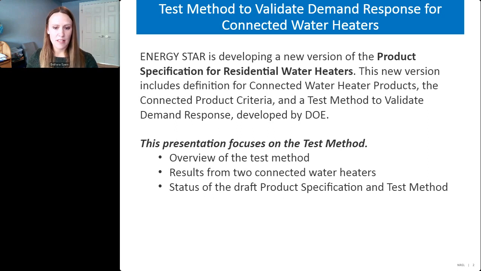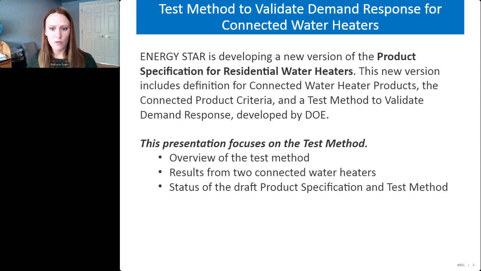We're going to talk about the test method itself, results from a couple of water heaters, and the status of the product specification. We were working on this project to vet the test method. We were going through the process of testing it out with connected water heaters so that we could understand if anything wasn't working quite right or wasn't giving us repeatable results.